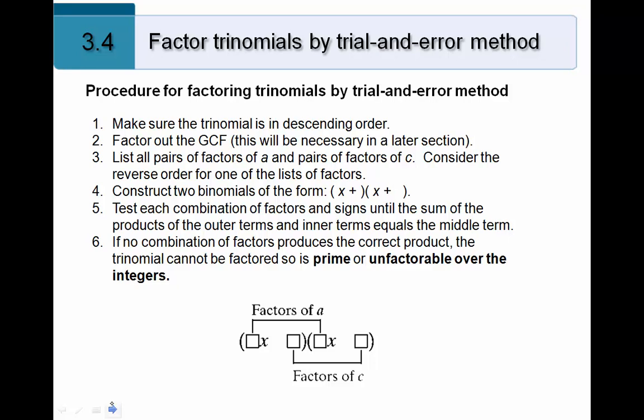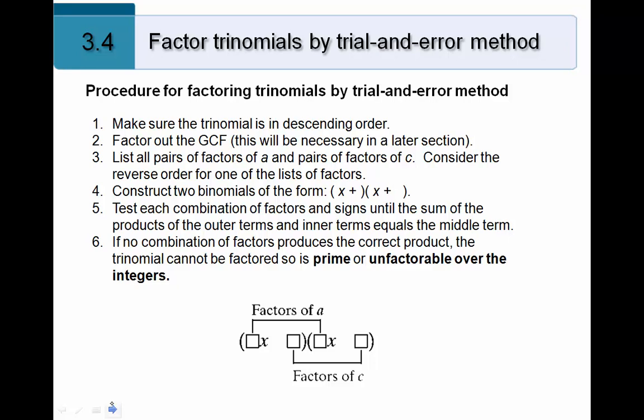Then I'll list all pairs of factors of A. A is the coefficient of the first term of the polynomial. And then all factors of C, and that's the coefficient of the last term of the polynomial. And then I will construct two binomials of the form something x plus something multiplied by something x plus something.